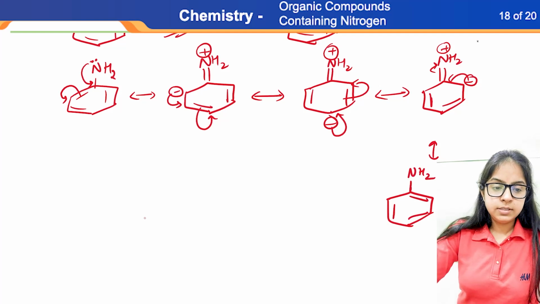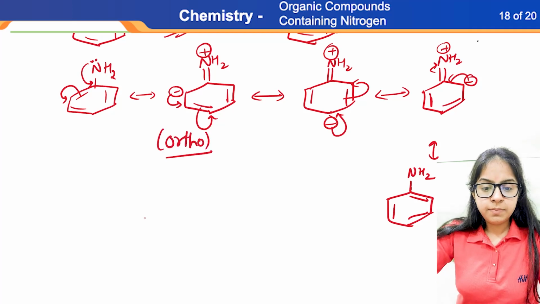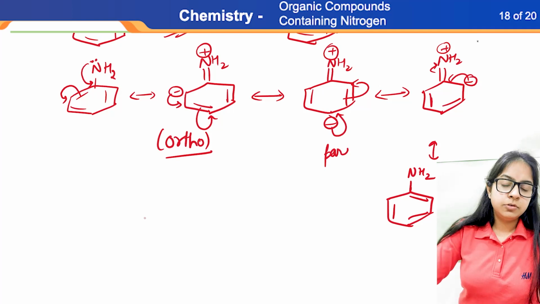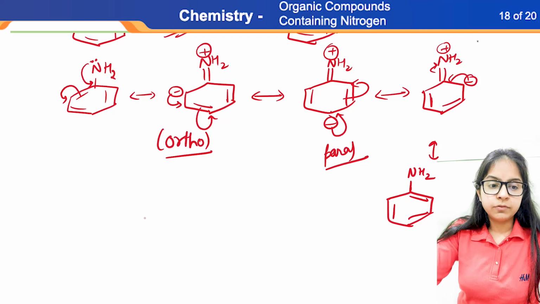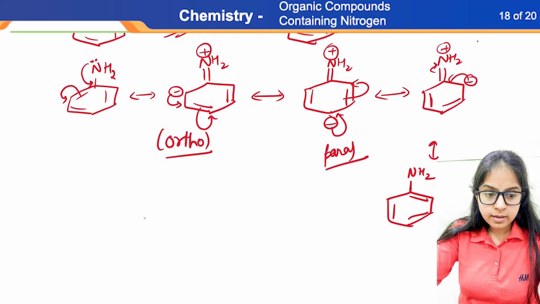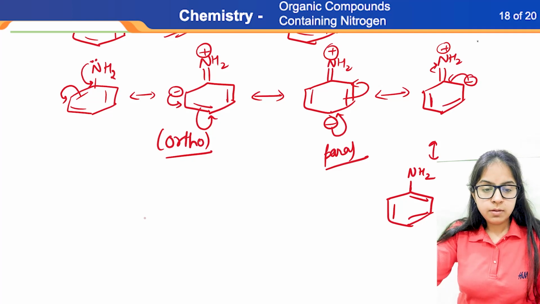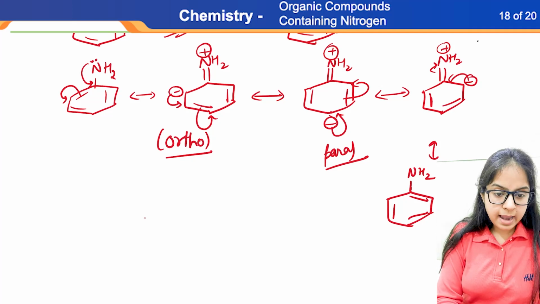Okay, so this is ortho, electron density is at ortho and the para position. So the electrophile is going to attack on this highly reactive center, because the negative charge is going to attack on the positive element.